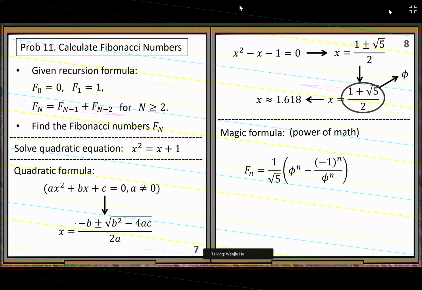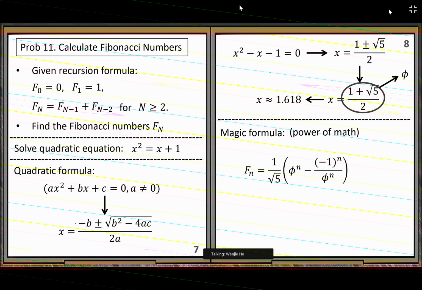Inside the parentheses, the first term is the golden ratio to the n, and the second term is minus (-1)^n over the golden ratio to the n. So this formula is closely related to the golden ratio. Now you can see why the golden ratio is so special.